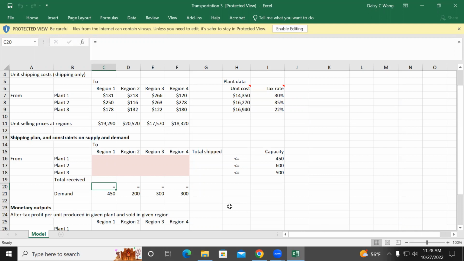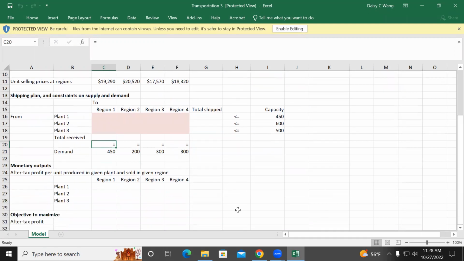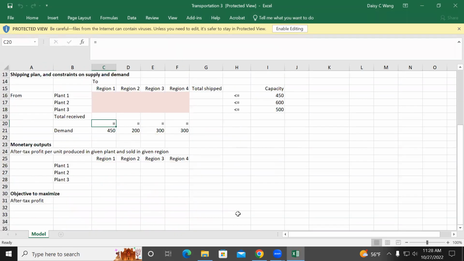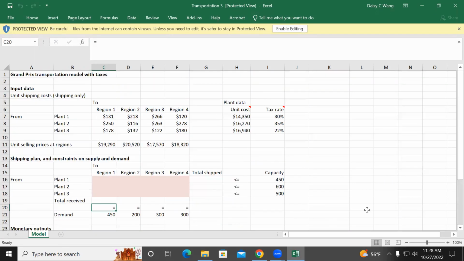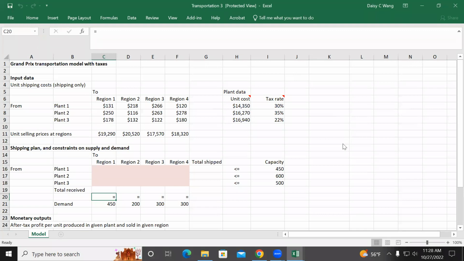We have some similar formulas, but we have more information. In transportation 3, we actually have each plan under November 3rd.